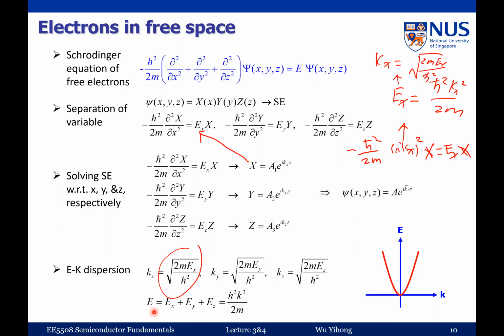So you have E, which is Ex plus Ey plus Ez, equal to h squared kx squared divided by 2m, right? Because your Ex is about this one, the kx squared, and Ey has ky squared, Ez has kz squared, right? That's why I put it together. So this is a very important result we call E-k dispersion.